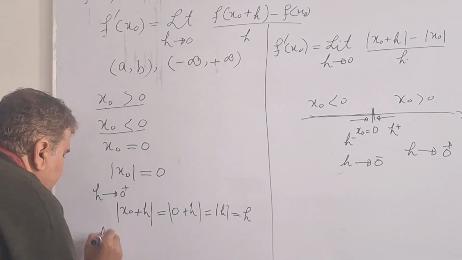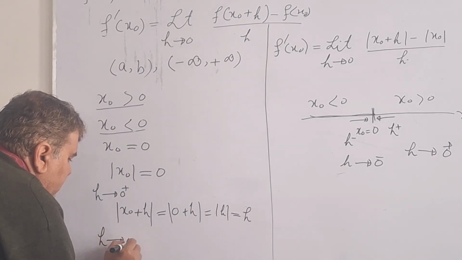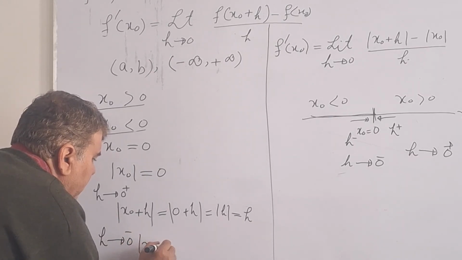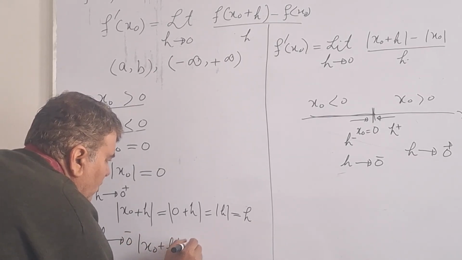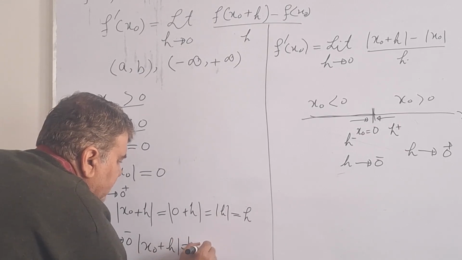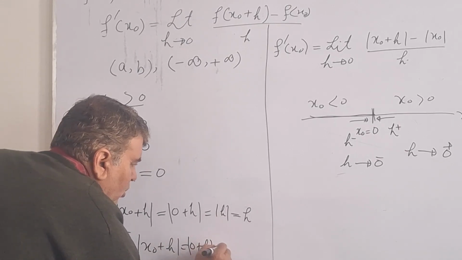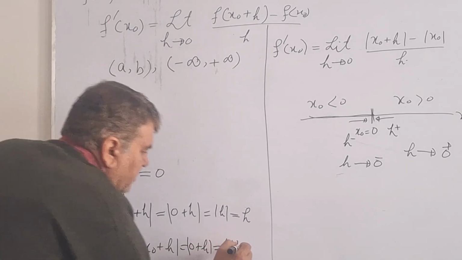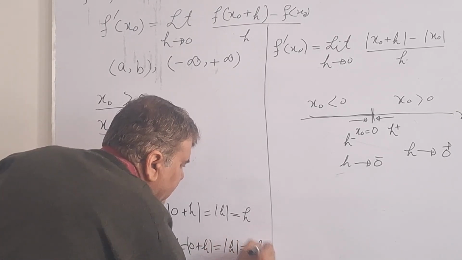And when h is approaching towards 0 from the negative side, we would have x naught plus h mod equals h mod, and now h is negative, therefore this will be equal to minus h.